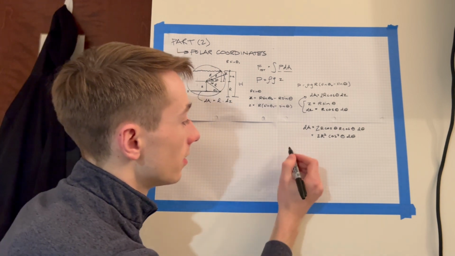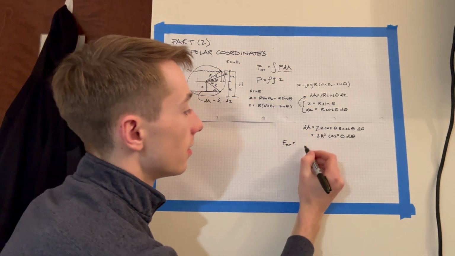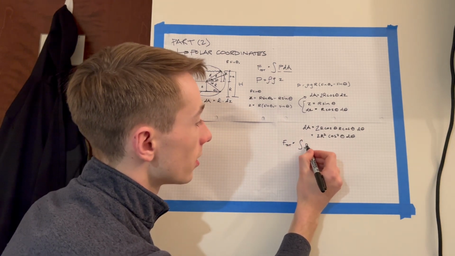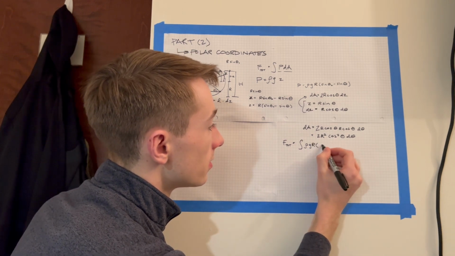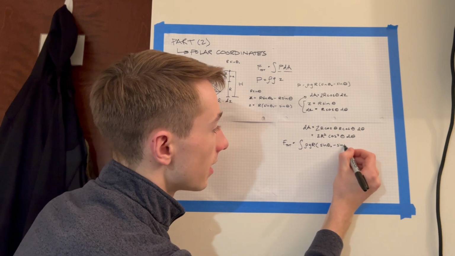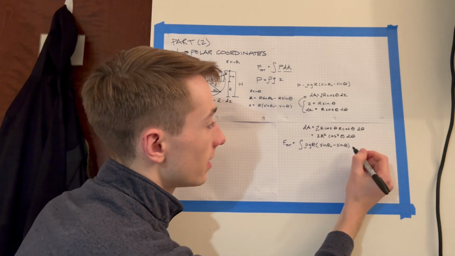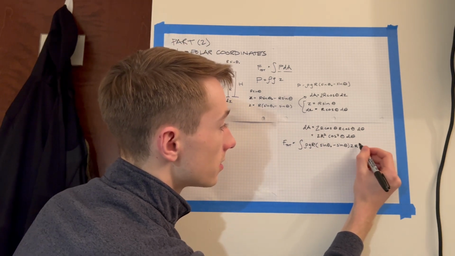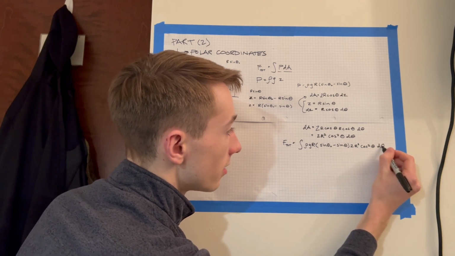So force total equals the integral of pressure, which is rho g r (sine theta naught minus sine theta), times our differential unit of area, 2r squared cosine squared theta d theta.